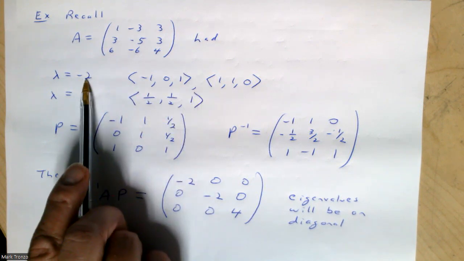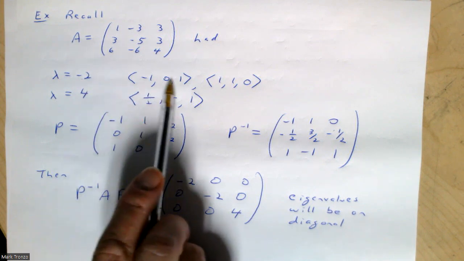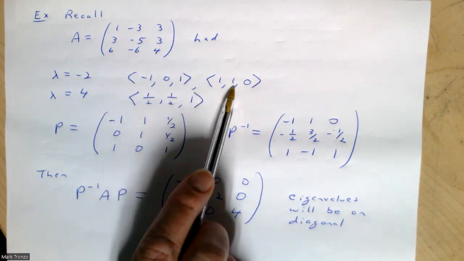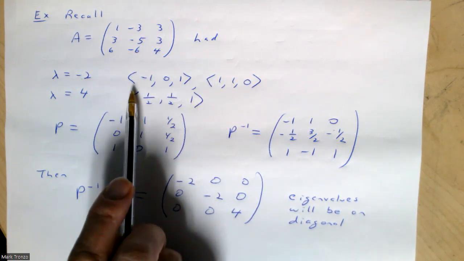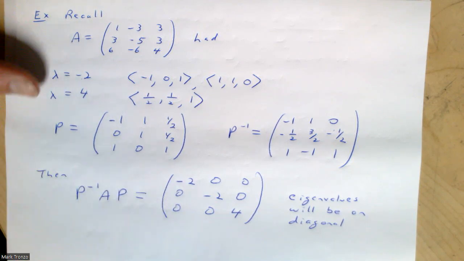If minus 2 had showed up three times, then we could possibly have had three eigenvectors, or two, or one. So that relates to algebraic multiplicity, and we'll talk about that next.